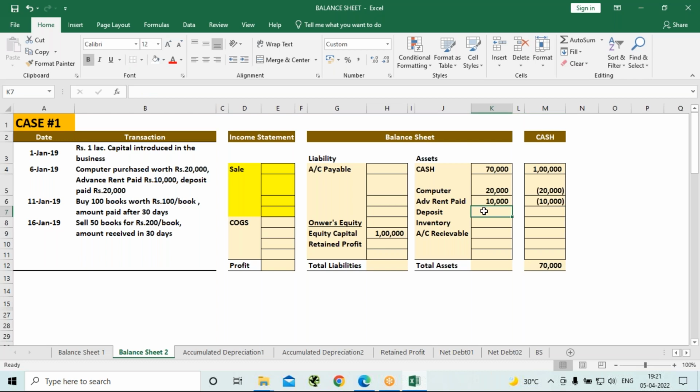I'm making a deposit of rupees 20,000, and this is also cash going out. So now in total I have a cash of 50,000 after all these payments. Is that clear till here? Fine.